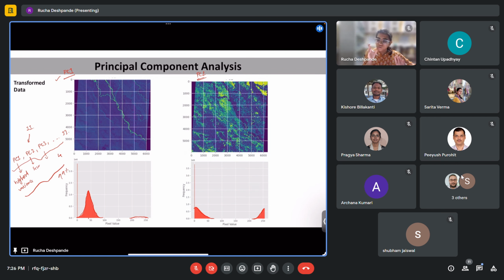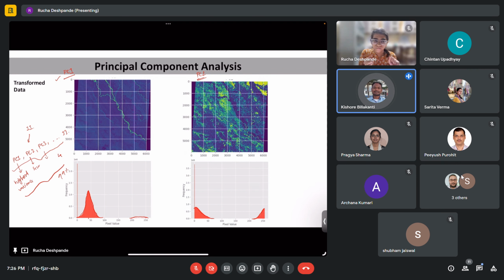First we have the covariance matrix. Then we calculate eigenvalues and eigenvectors from that, so we will have that many eigenvalues and eigenvectors. Then based on the eigenvalues, we can find out how much percentage of variance each principal component has. Based on that, we can select that many principal components.